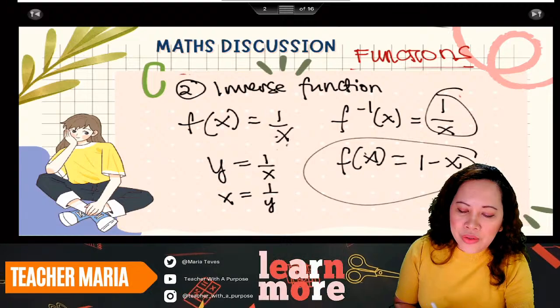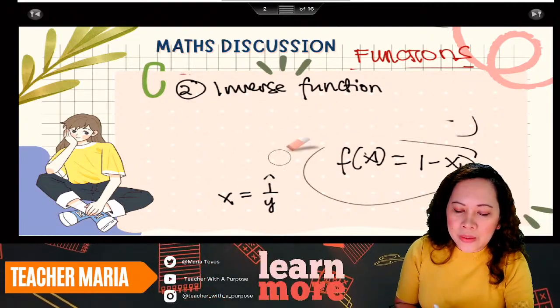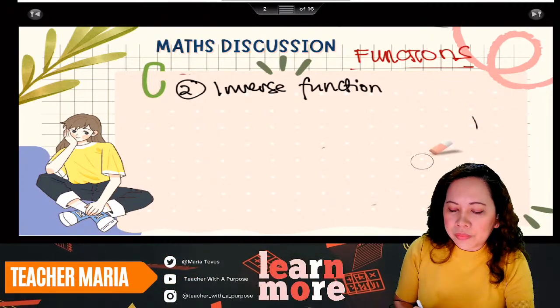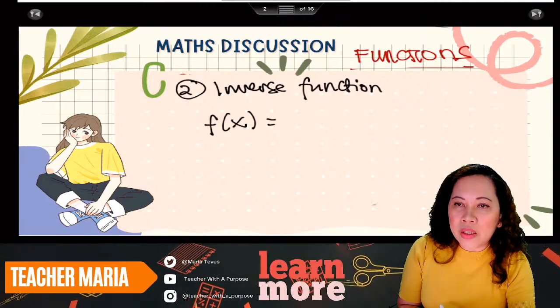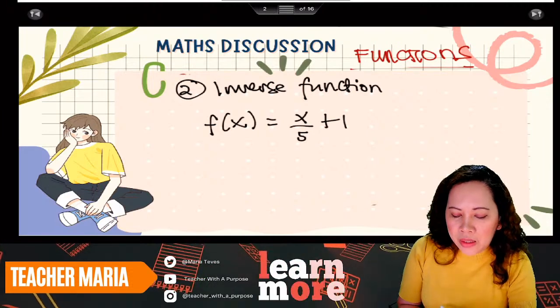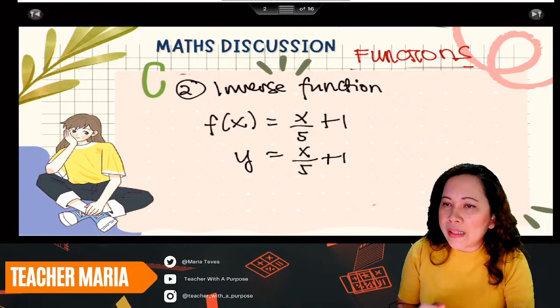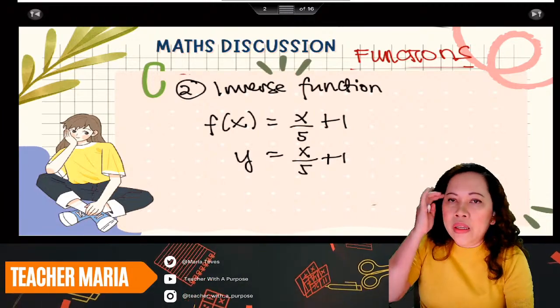All right, let's try another one on inverse. Let's say you have f of x equals x over 5 plus 1. So the same thing, and then you make x the subject of your equation.